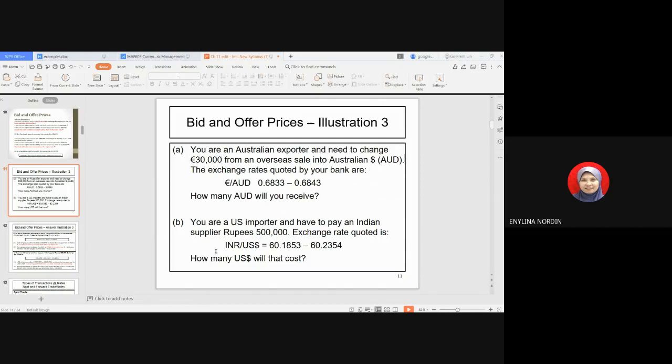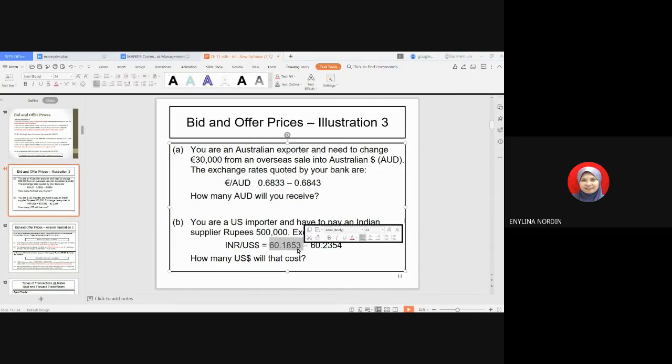The company will buy rupees from the bank, and the bank will sell the rupees. But the next issue is what rate the bank is going to use to sell this currency to the US company. So sell at low. So the bank will use 60.1853 to sell the rupees to this company.